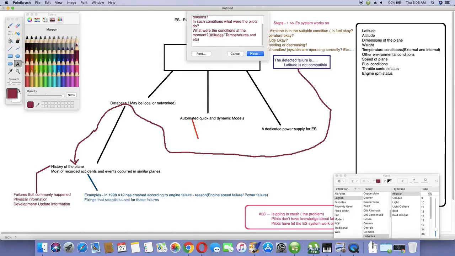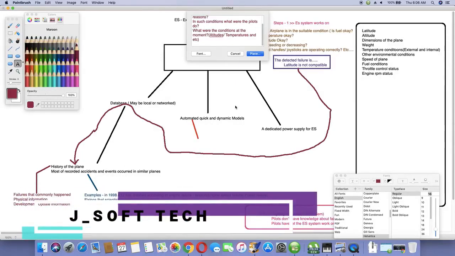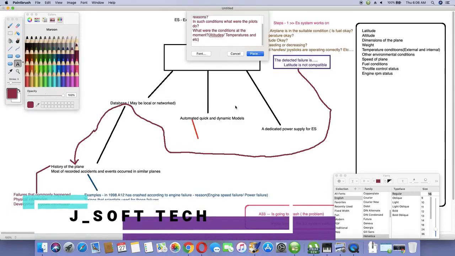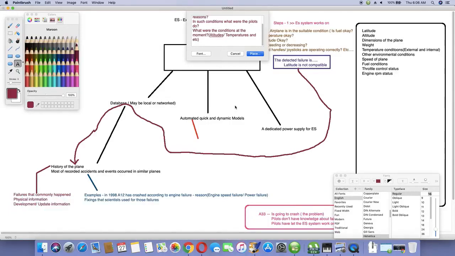Altitudes, temperatures, and etc. So now you want to check about the physical failures that commonly happen, physical information, and the conditional options we can think about. Let's take it just like this.